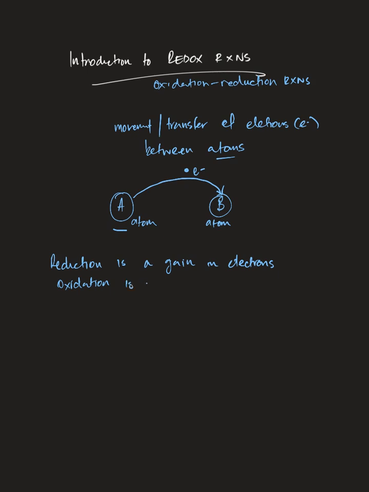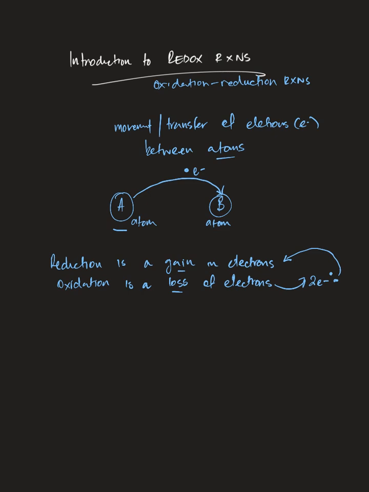Oxidation is a loss of electrons. And so just remember that when we talk about gaining and losing, if this one over here loses 2 electrons, then those 2 electrons must be gained here.